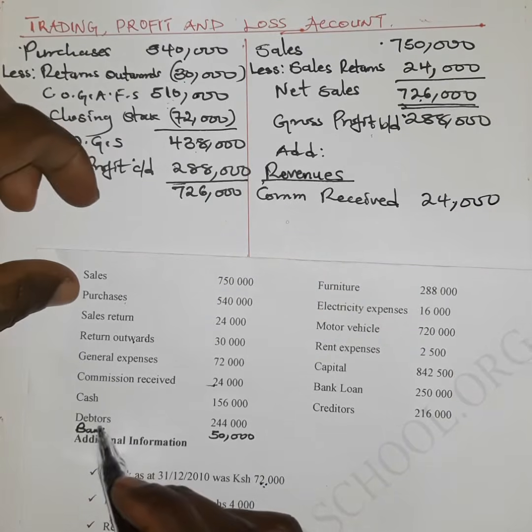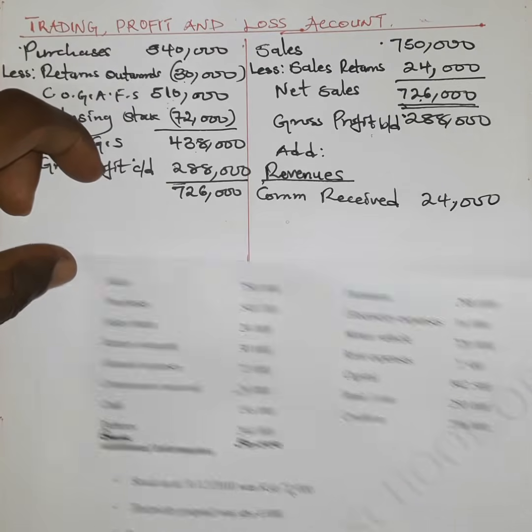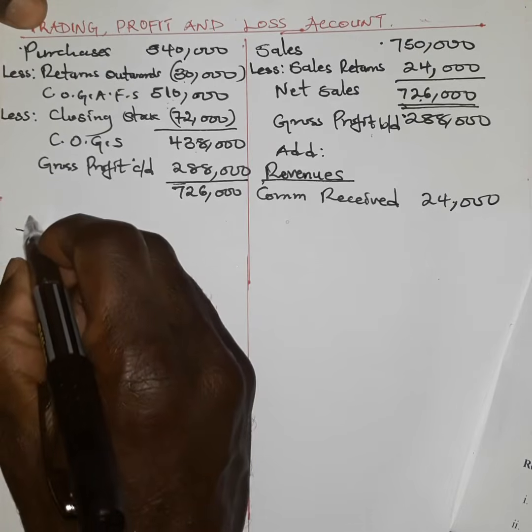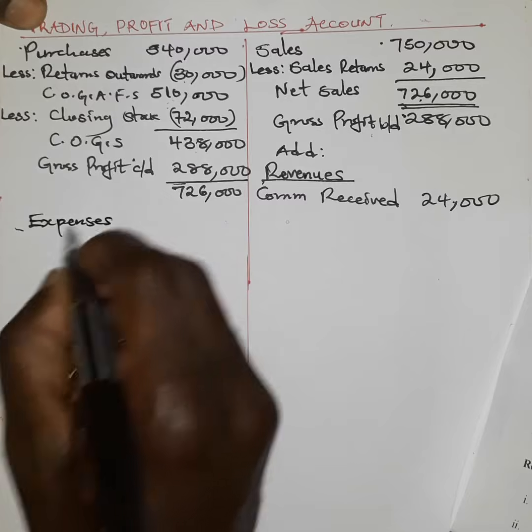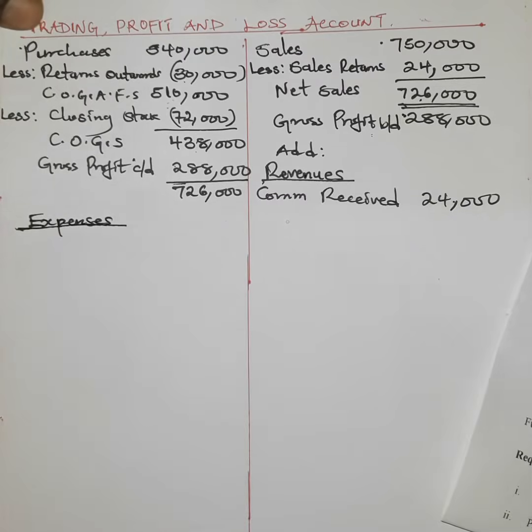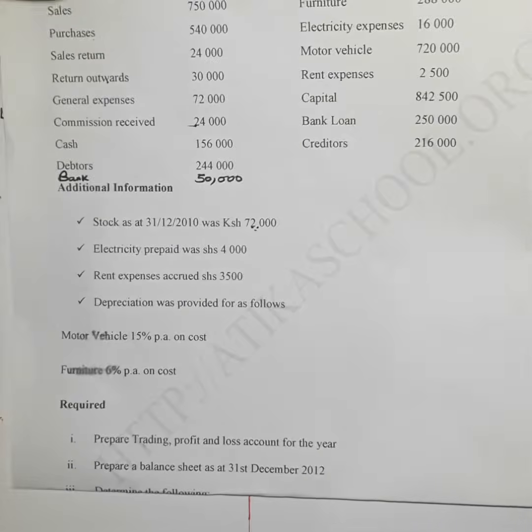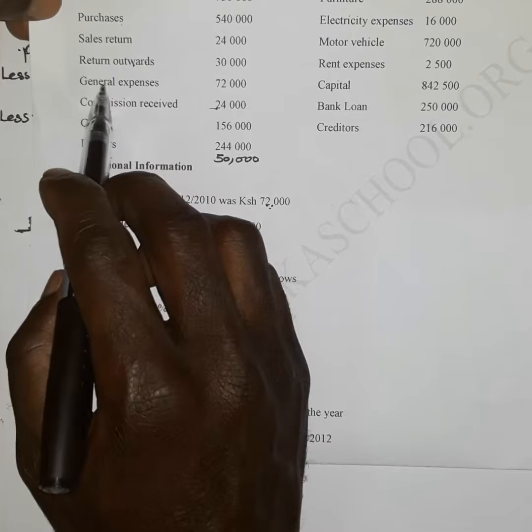The other revenue is supposed to be, no, we don't have any other revenue. So we now debit the expenses again. You want to see the total of the expenses of this particular business by determining the first expense, general expense, given as 72,000.